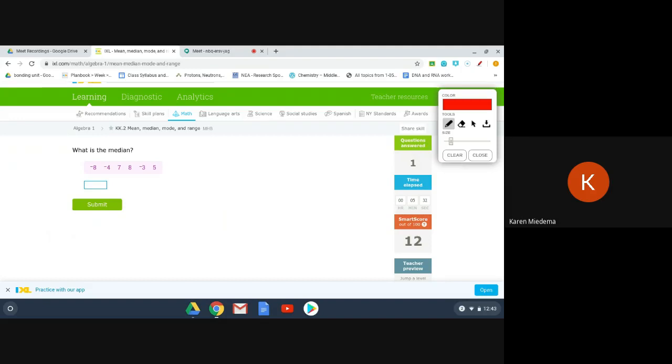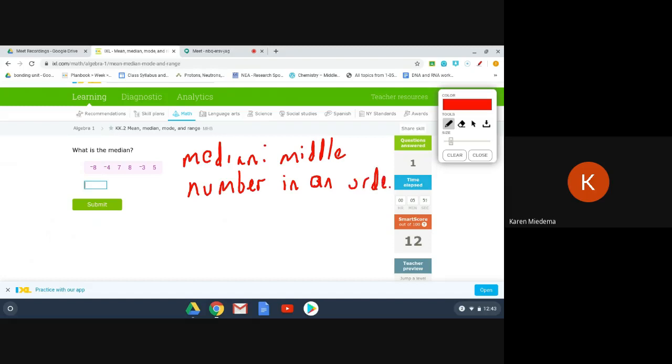So for the definition of median, we have the middle number in an ordered list of data.